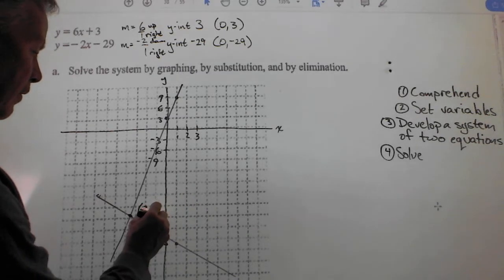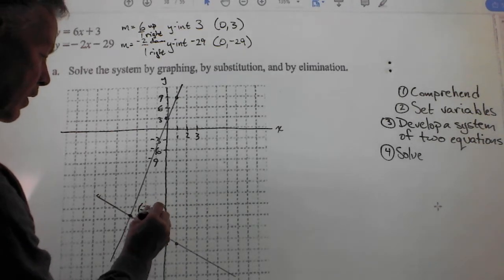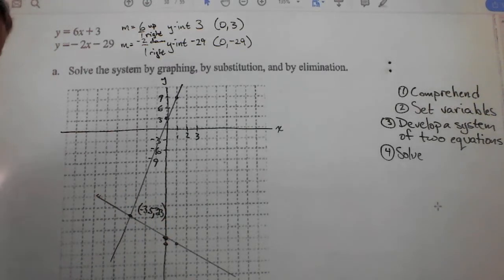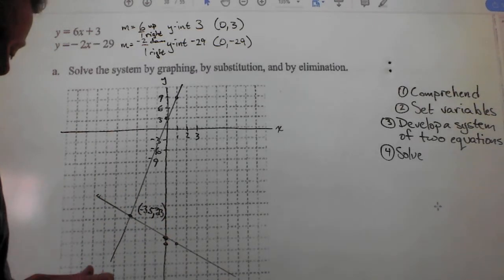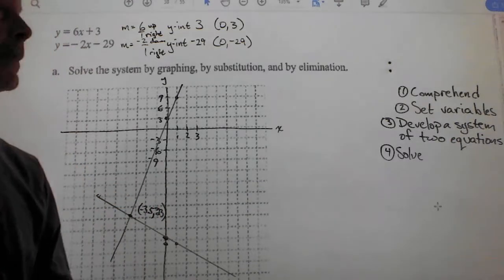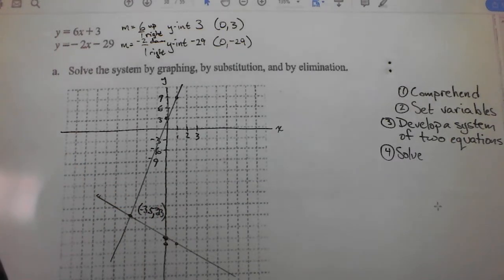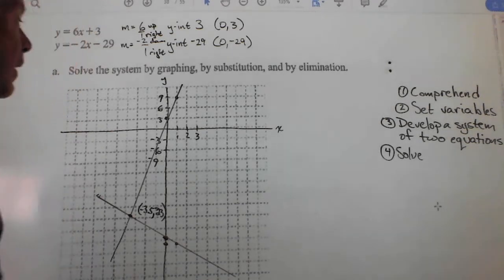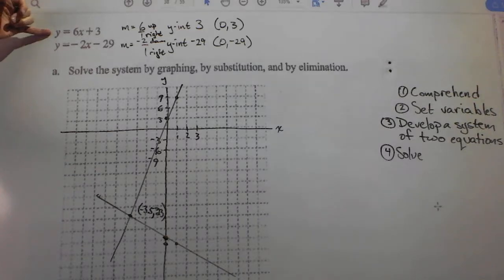So negative 23. Okay? And that's our solution. To solve by substitution, remember, you would simply isolate one of the variables. They're both isolated.